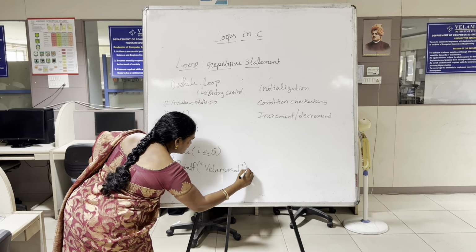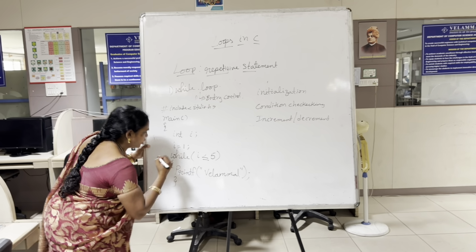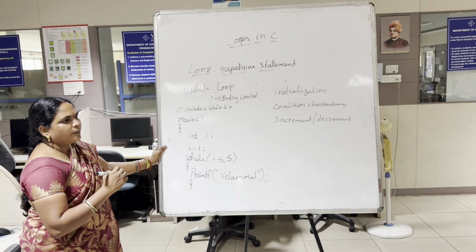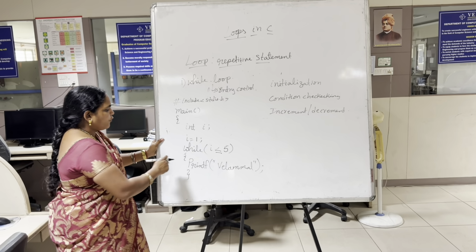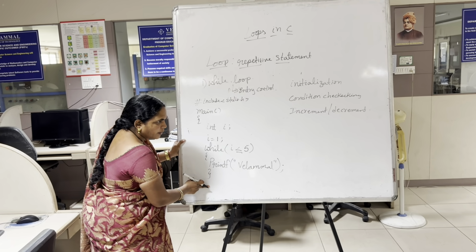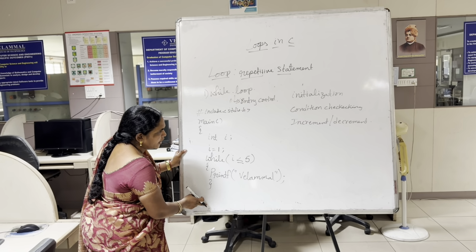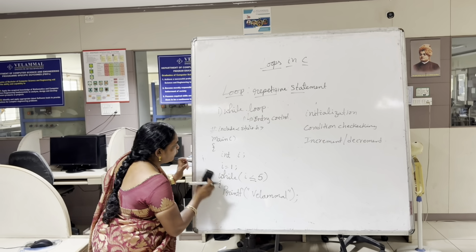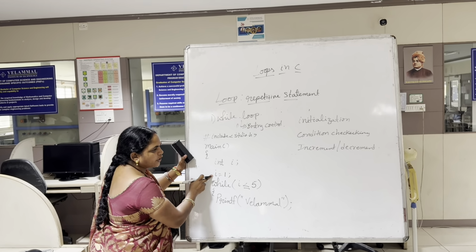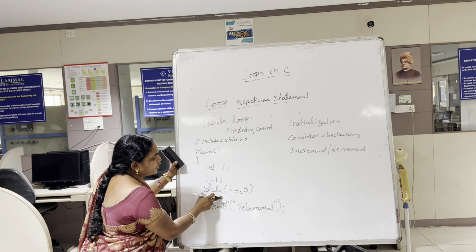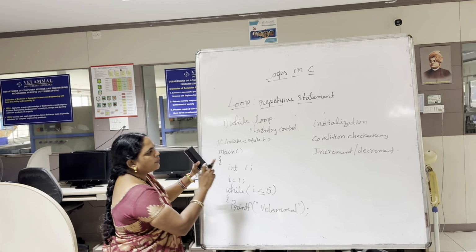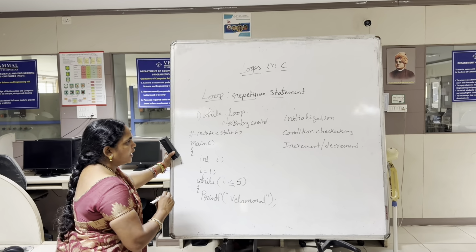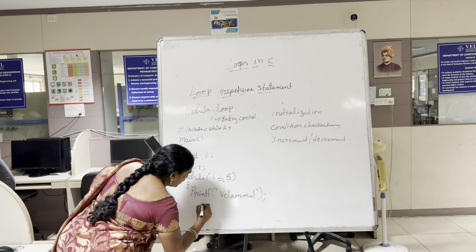Okay, once it is executed, it will be printing, and before exiting the condition, we have to increment the value. Why? Because here we have initialized the value, and the condition we have checked. The next step in the looping statements is either increment or decrement.